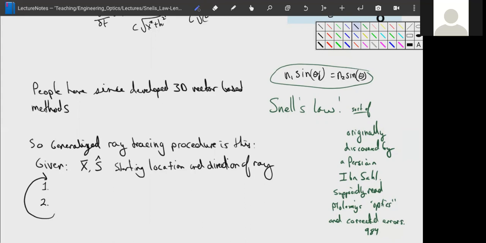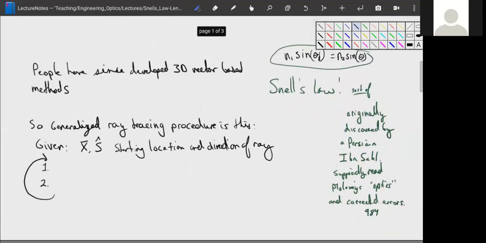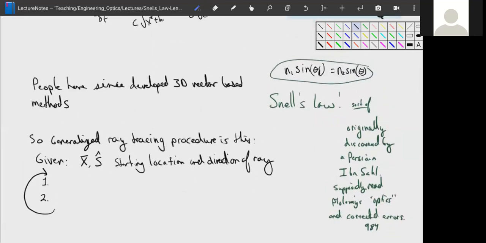People have since developed 3D vector-based methods where you would say n1 S hat 1 crossed into R1 is equal to n2 S hat 2 crossed into R2, where S hat is the direction, and I believe R is the normal for the surface.